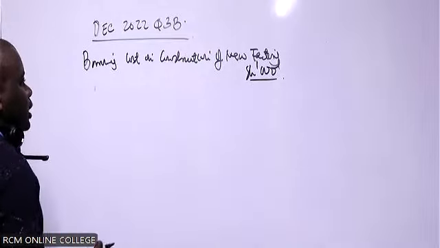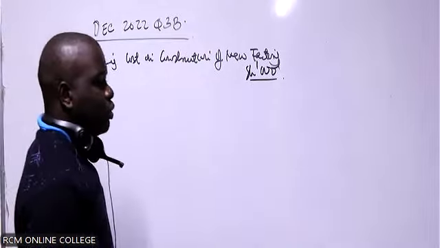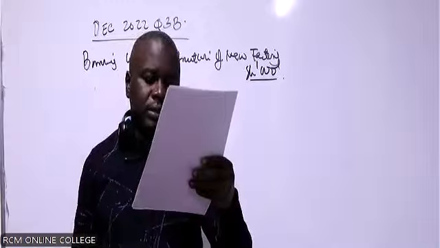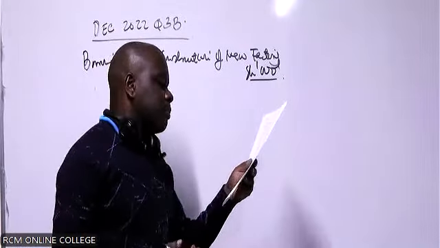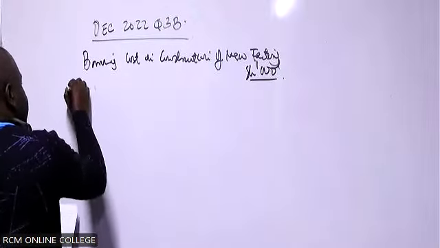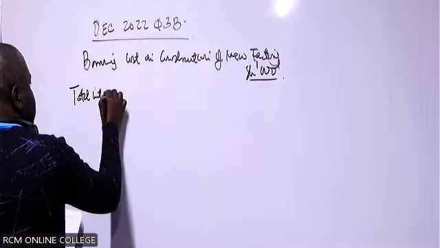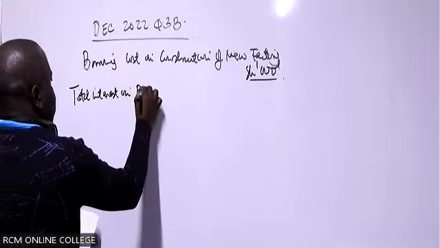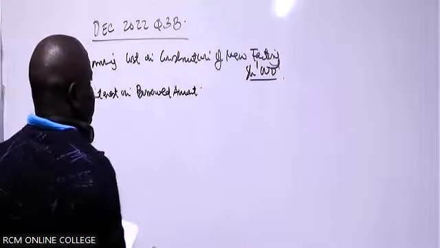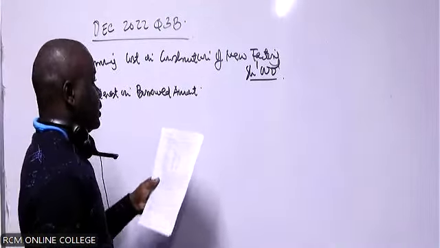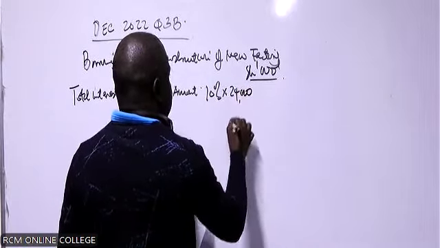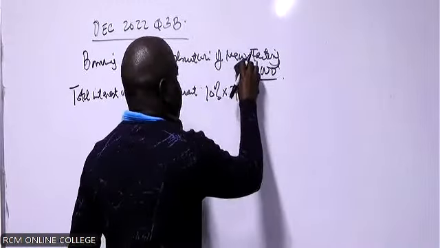Generally, without having to consider activeness or inactiveness, we have an interest of what? Is it 6% or 10%? It's interest of 10%. So the total interest on the borrowed amount, you will take that 10% times the 24 million.